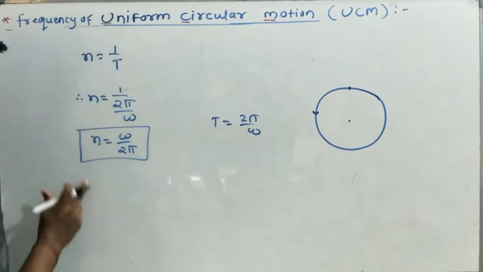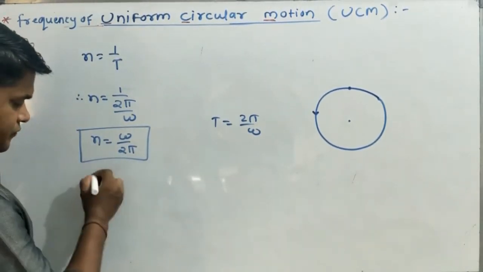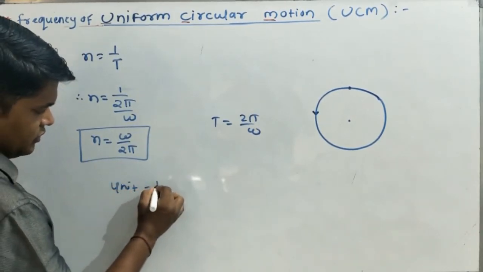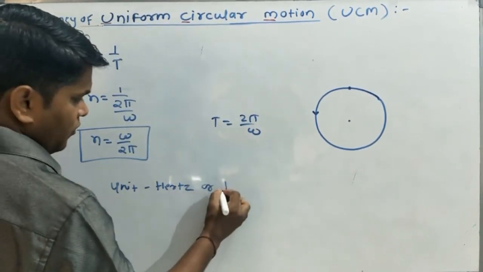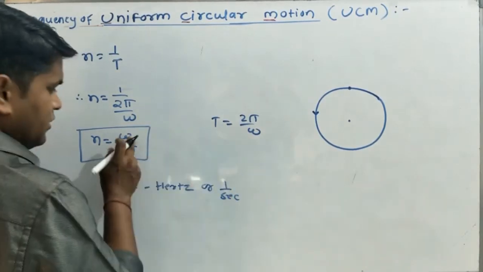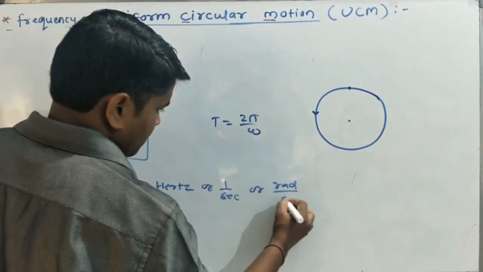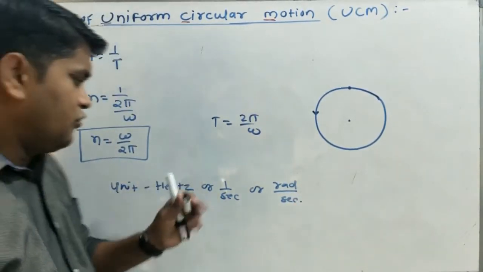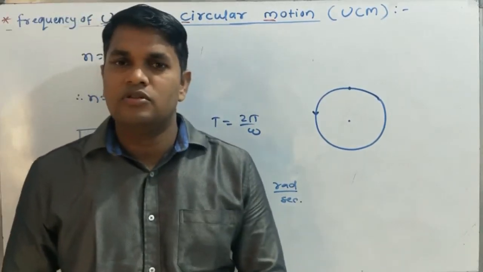This is the expression for frequency of UCM, and its unit is hertz, or 1 upon second, or if we use this formula, then the unit of omega is radian per second. Understood? Because 2 pi is a constant. These are the units of frequency of UCM. Understood? This is your UCM.